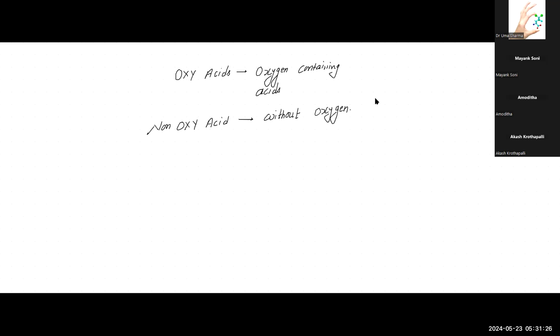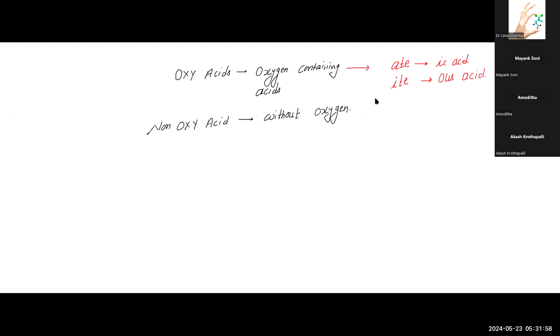In oxygen containing acids, if your polyatomic ion is ending with ate, sulfate, nitrate, then you will have the name as ic acid. Polyatomic ion ending with ate. If it is ending with ite, then it is ous acid. I'll give you an example of this.